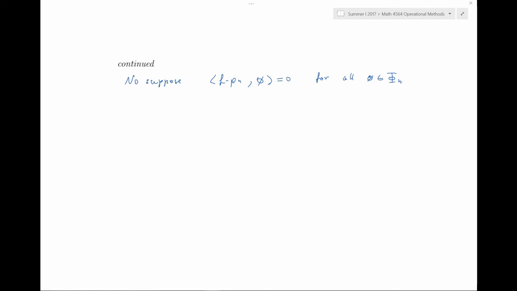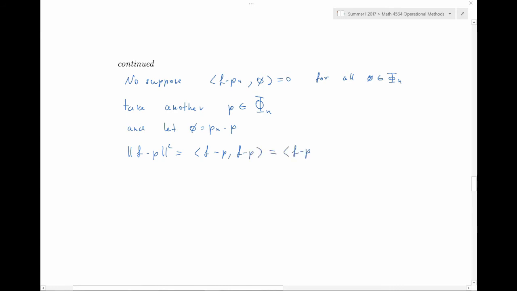So suppose we take another p from the space Phi_n, and let phi be P_n minus p. So the norm of f minus p squared can be written as the inner product of f minus p with itself, which is the inner product of f minus P_n plus P_n minus p with itself.